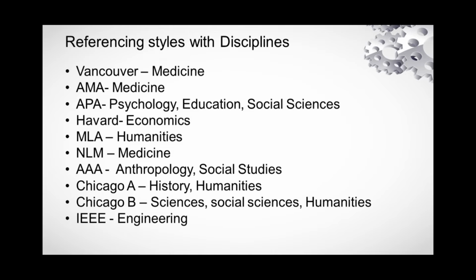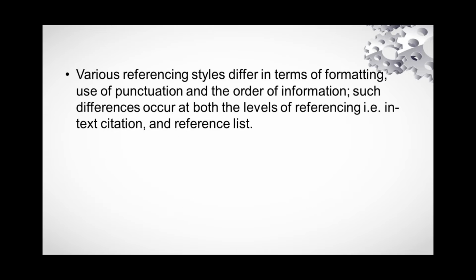AAA, the American Anthropological Association, is used in anthropology and social studies. Then Chicago type A is used in arts and humanities, while Chicago type B is used in sciences, social sciences, and humanities. For engineering, we use the IEEE. The styles differ in formatting, use of punctuation, and order of information.